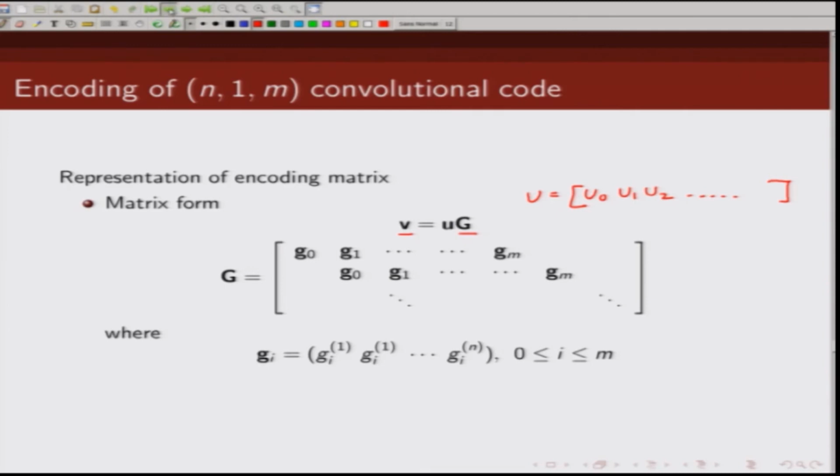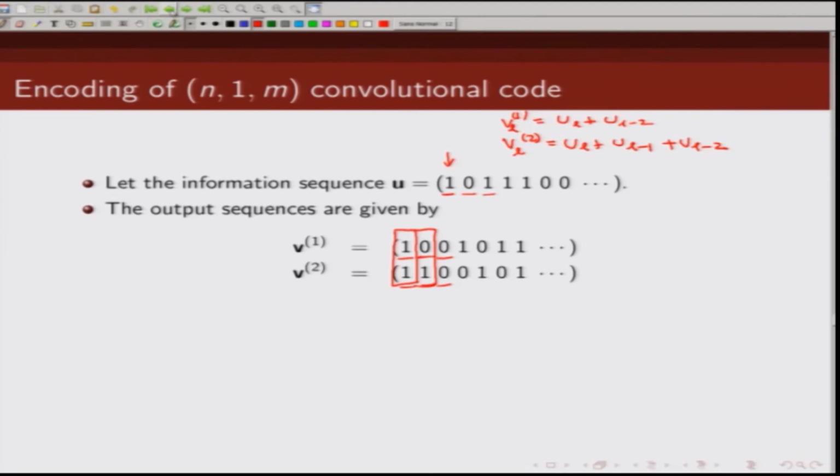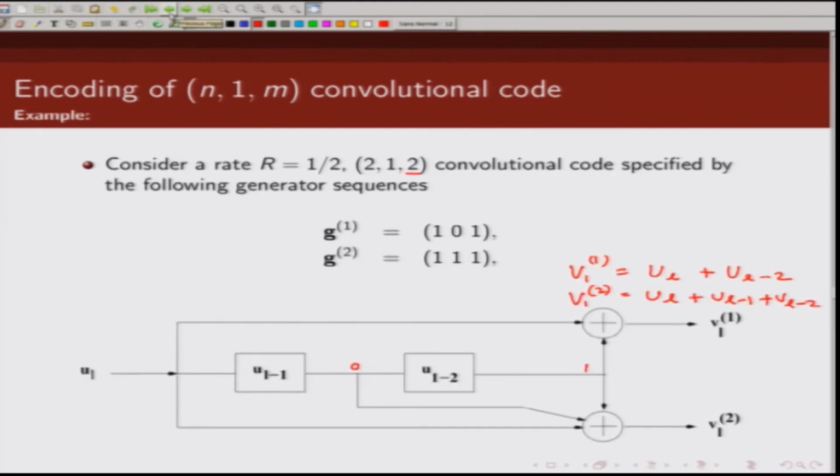If you go back to this diagram, initially you are assuming that the encoder is in all 0 state, correct. So, what will be the first output that you will get here? That is nothing but U0 times G0.